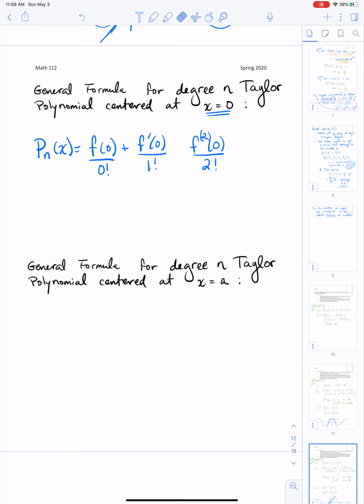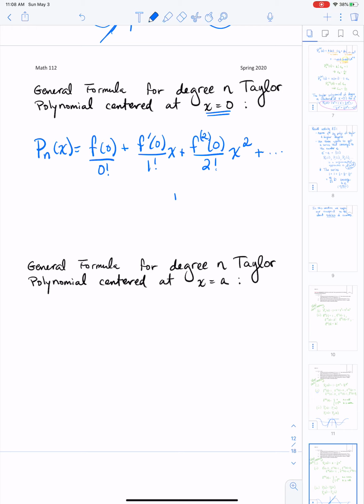So the constant term is f of 0 over 0 factorial. The first term has coefficient f prime of 0 over 1 factorial. The next term has coefficient the second derivative evaluated at 0 over 2 factorial, and so on.